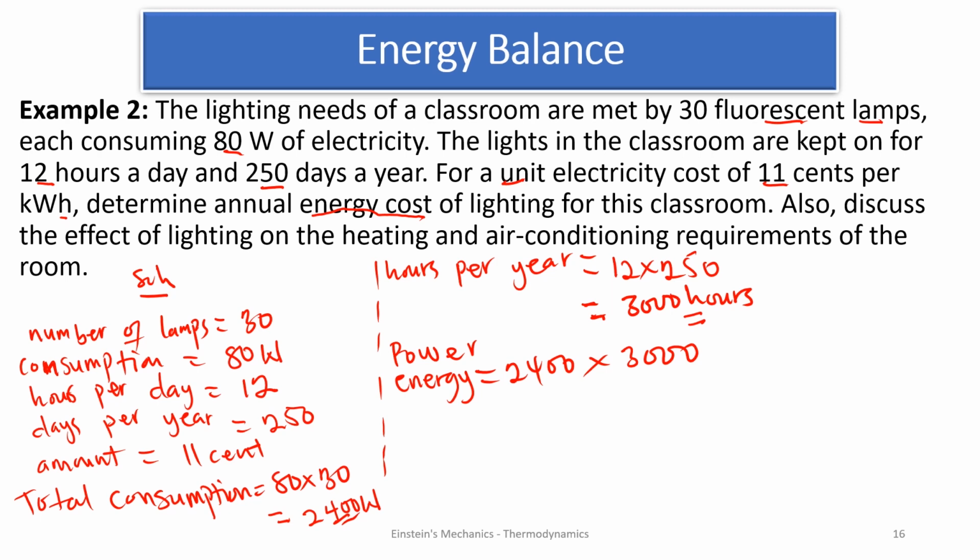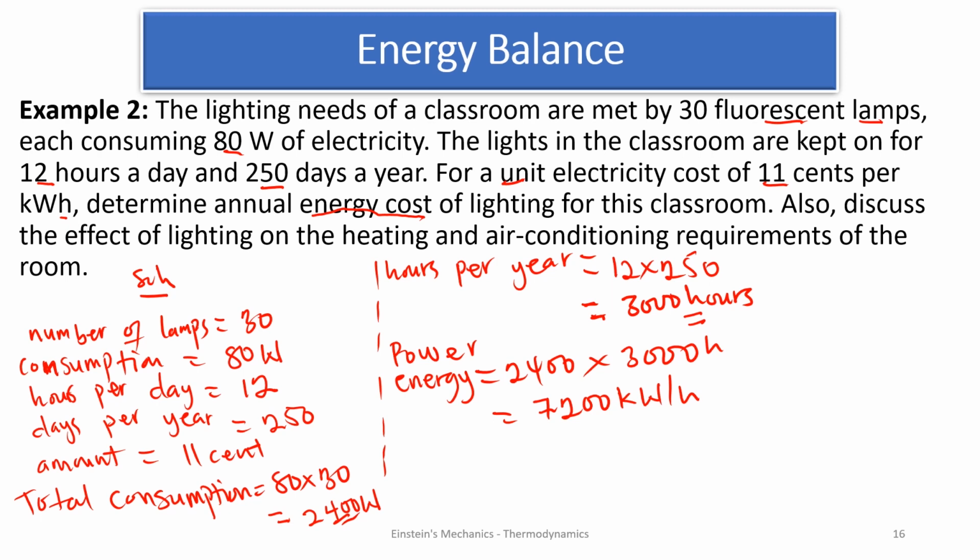And for the year, the energy consumption will be 7200 kilowatt-hours. The time is in hours, and we are getting 7200 kilowatt-hours. Are we good? For the year.